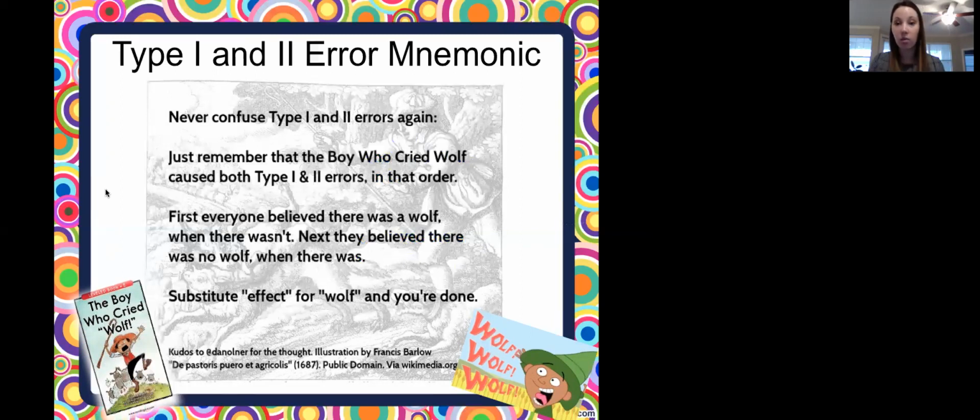They believed that there was a wolf when there wasn't. So that's type 1 error, saying there's an effect when there isn't. Next, the townspeople were told that there was no wolf when in fact there was. So that's type 2 error, when we're saying that there is no effect when in fact there is. So you can remember type 1 and type 2 errors using that story.